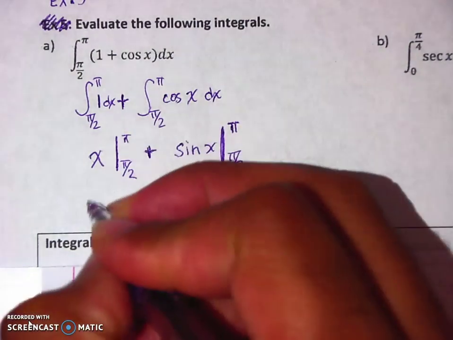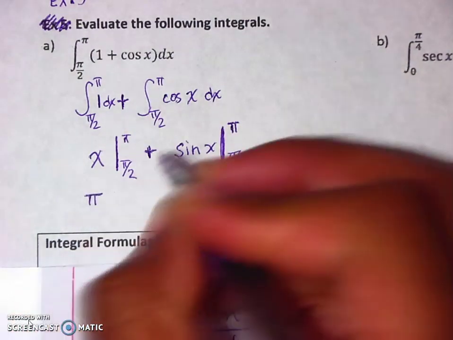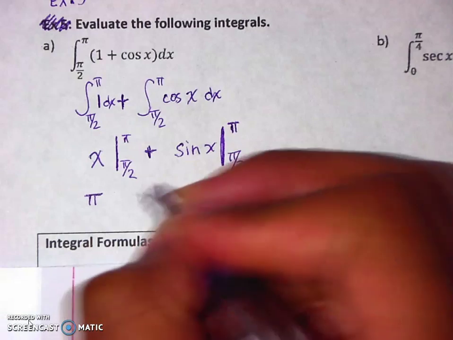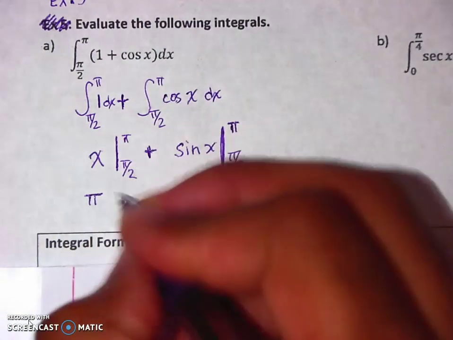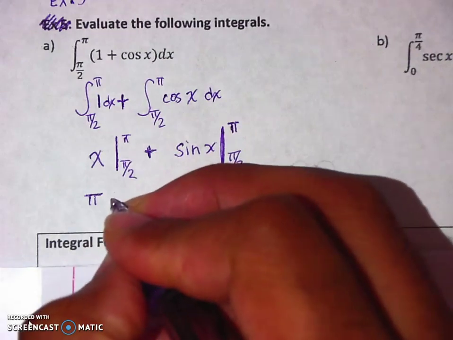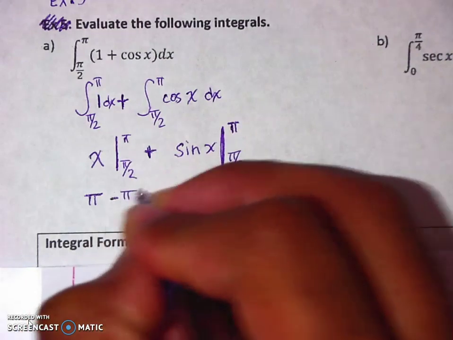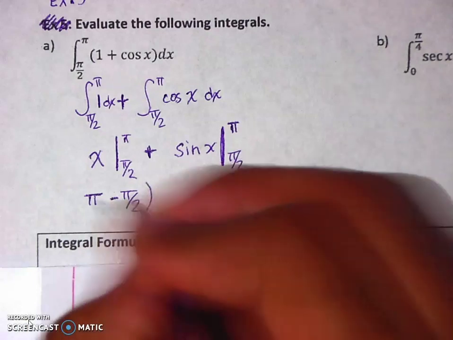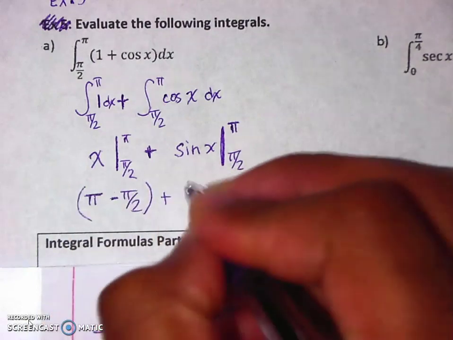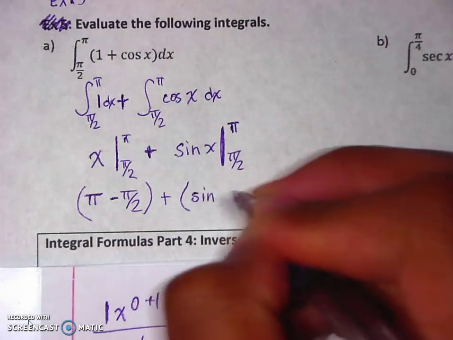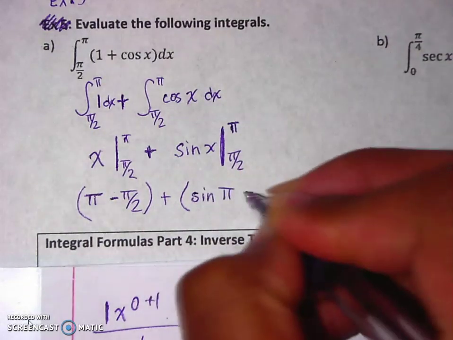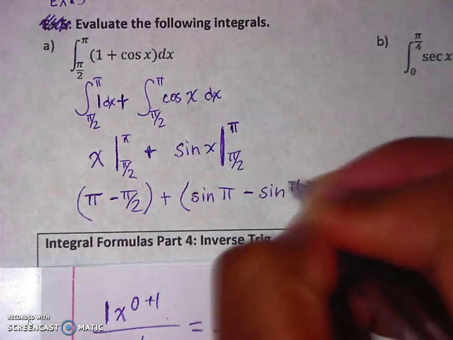At this point, we're going to require you to remember the values. For this one here, we do sine pi minus sine pi over 2.